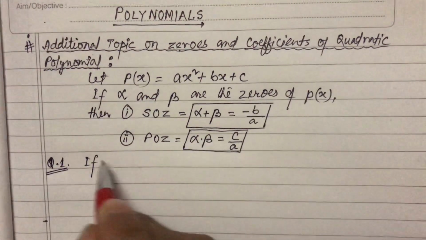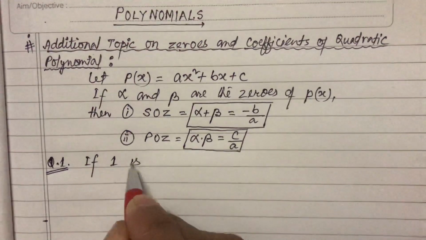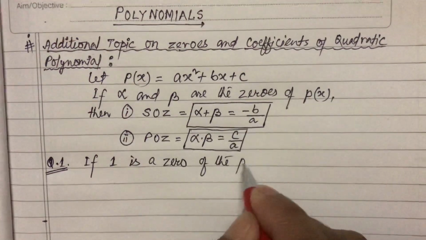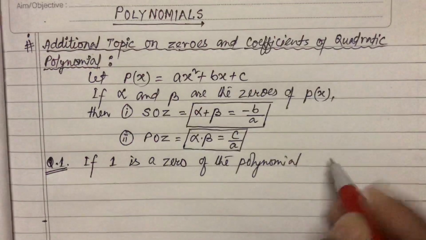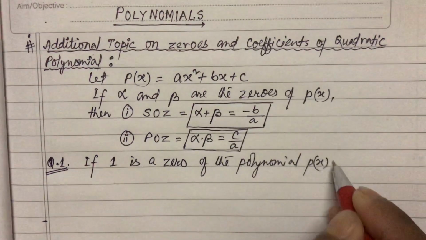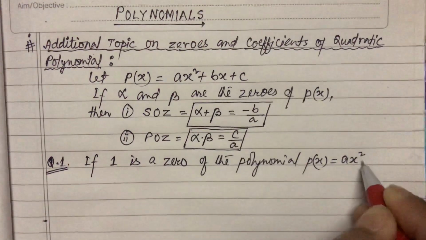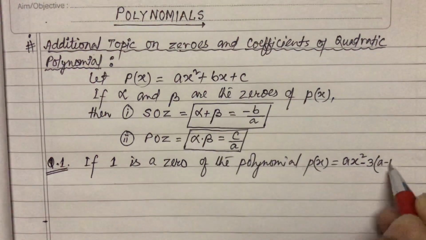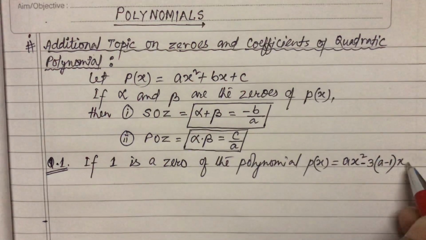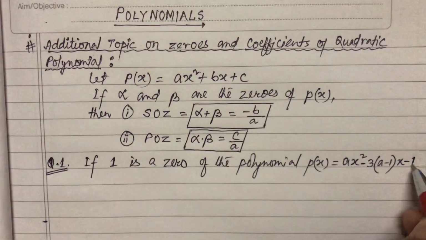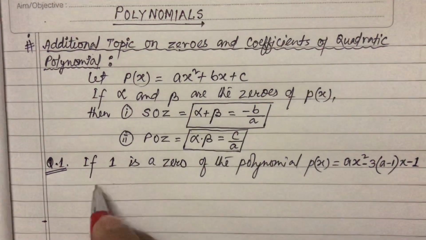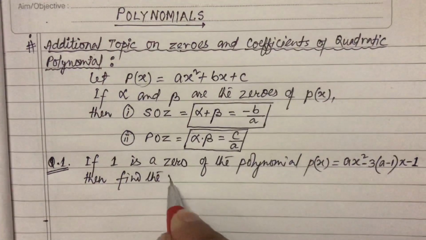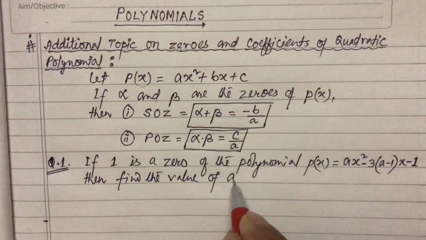If 1 is a zero of the polynomial p of x equal to ax square minus 3 into a minus 1 x minus 1, then find the value of a.